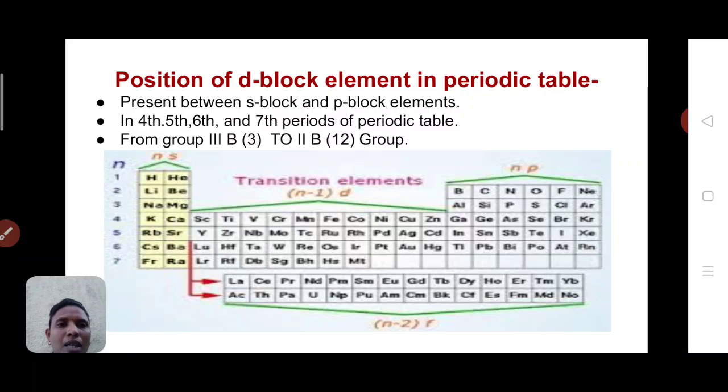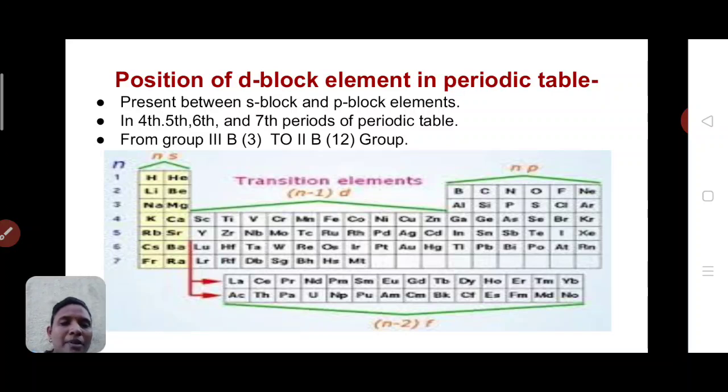In the same way, if we see according to group, the d block elements are present from group 3B to group 2B, that is from group 3 to group 12. So this is the distribution of d block elements according to period and group of the periodic table.